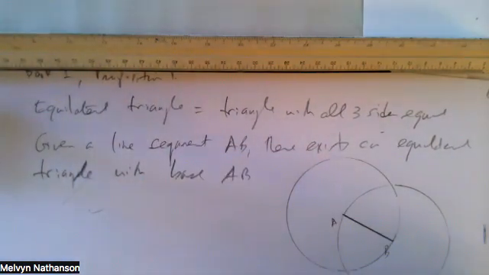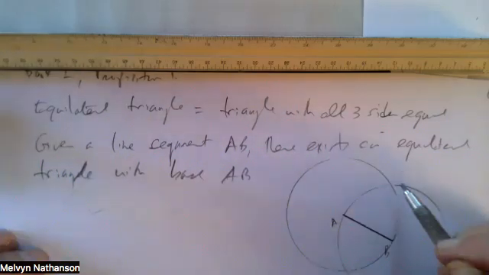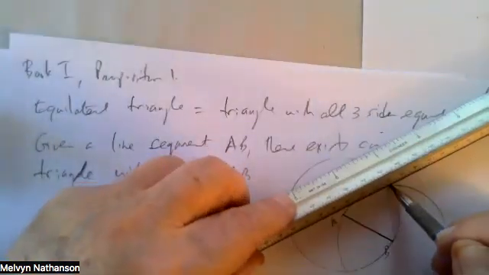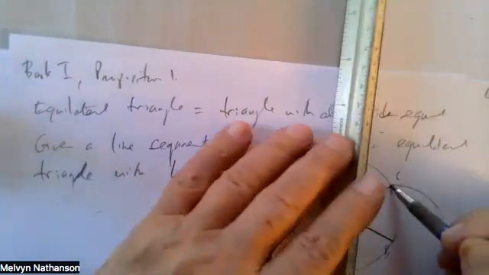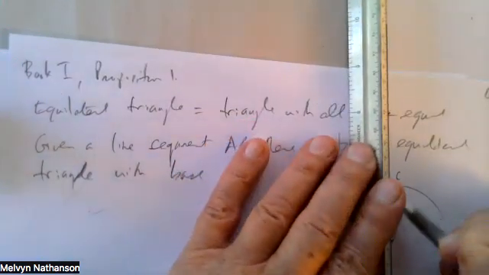These two circles intersect. Pick one of the points where they intersect, call that C. And draw the line segments AC and BC.